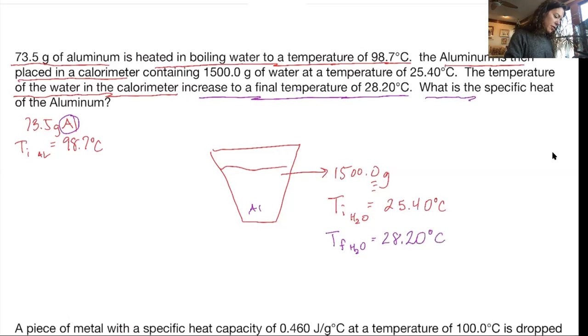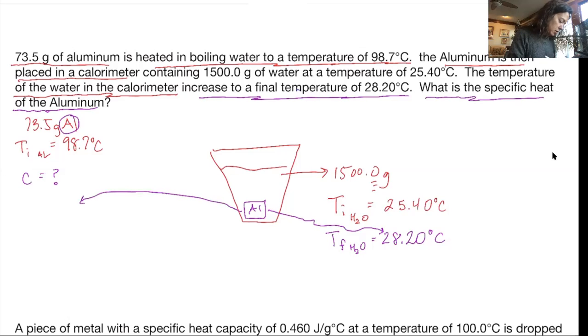What is the specific heat of the aluminum? Okay. Last thing I need to realize is I have another thermal equilibrium situation. Right now, the aluminum is sitting in the water, and the water's final temperature with the aluminum in it has reached 28.20 degrees Celsius.